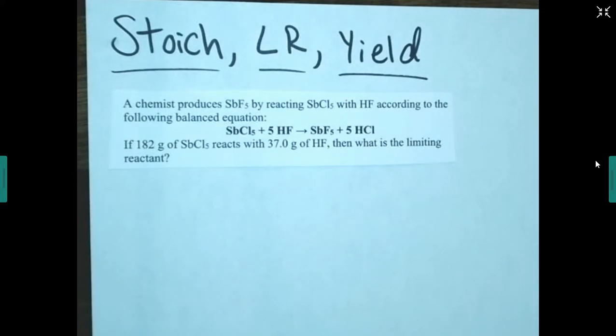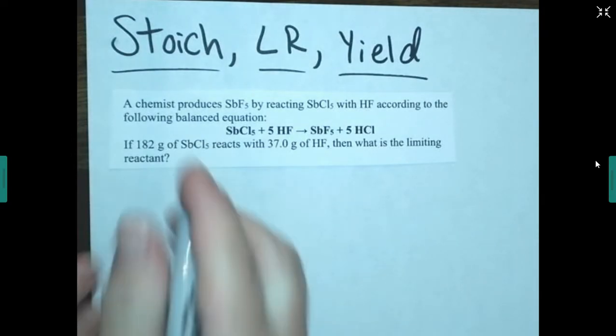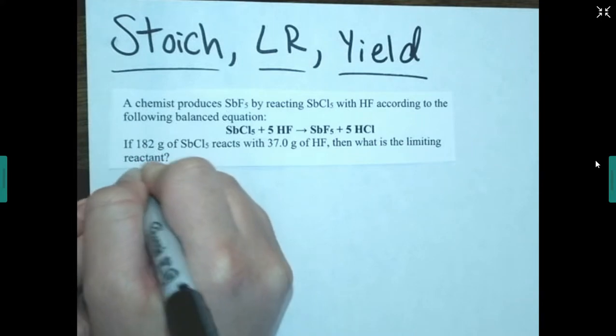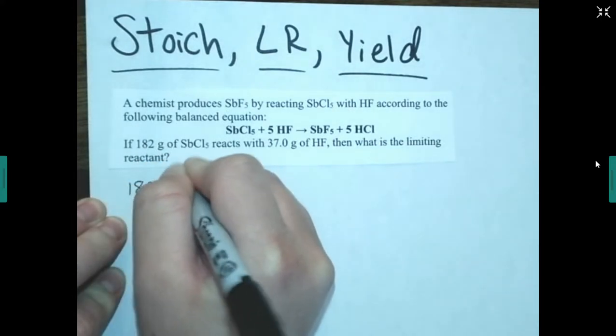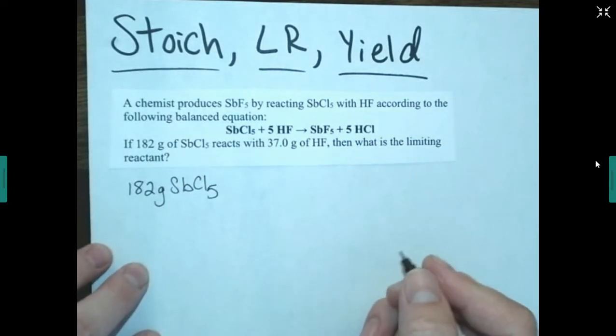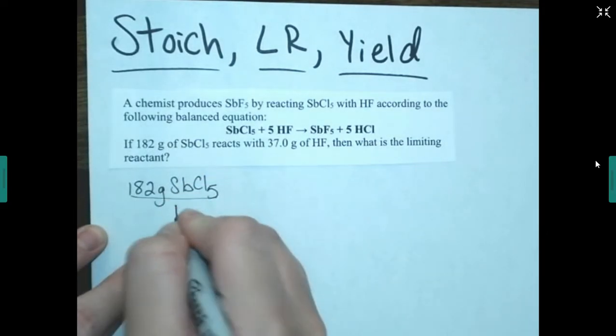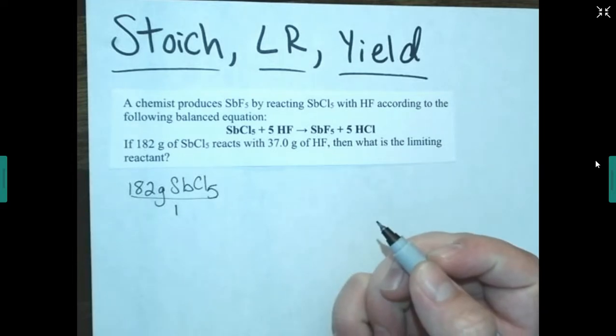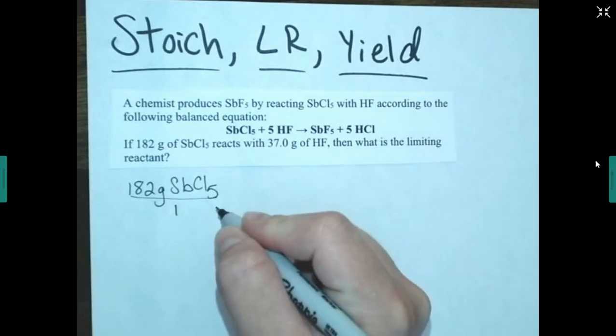Okay, so let's go ahead and start with our first reactant here, which is our 182 grams of SbCl5. And we're going to figure out how much product we could make with this amount of reactant.